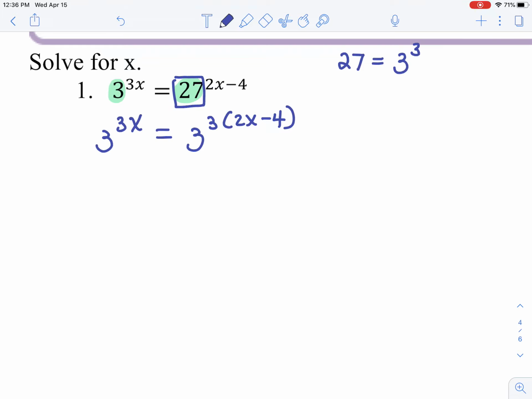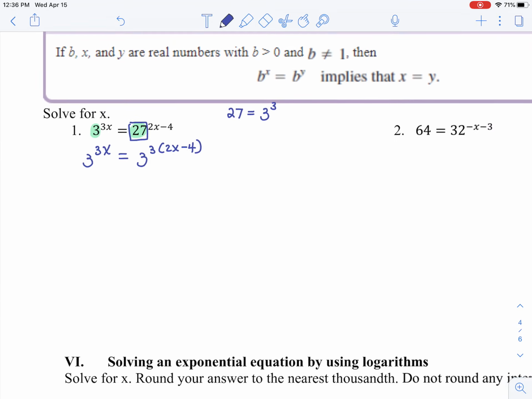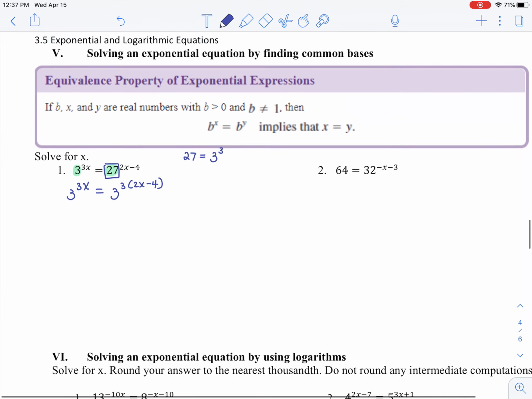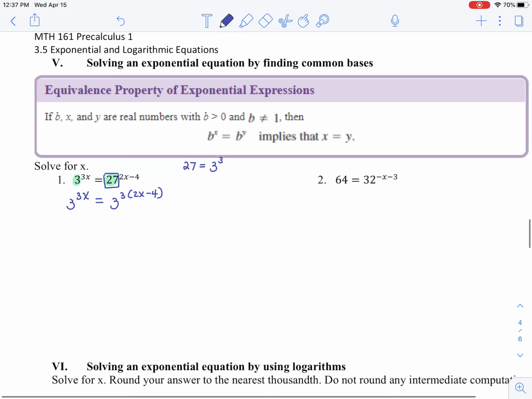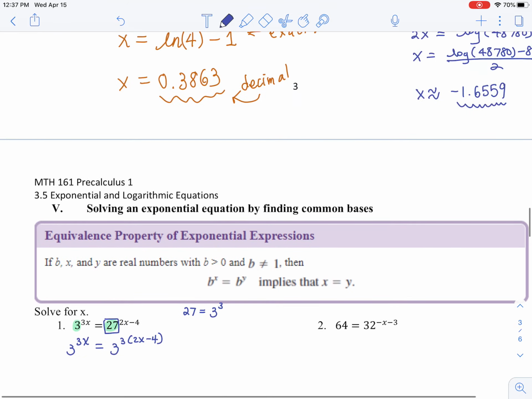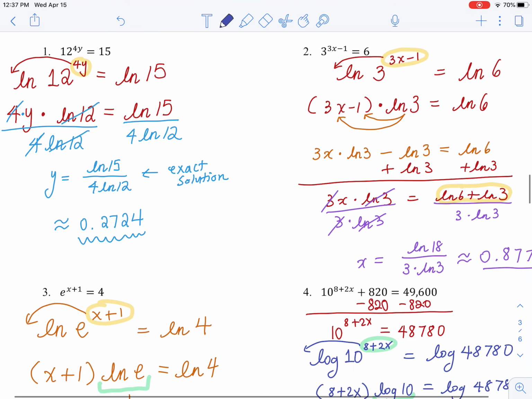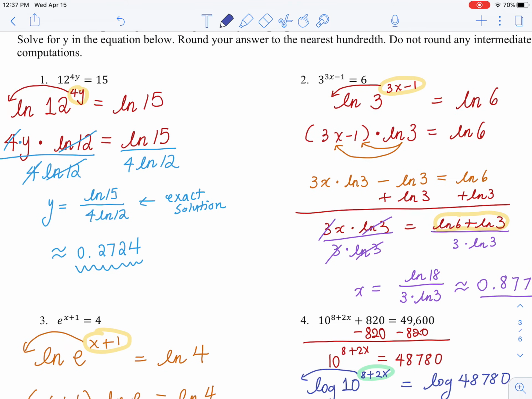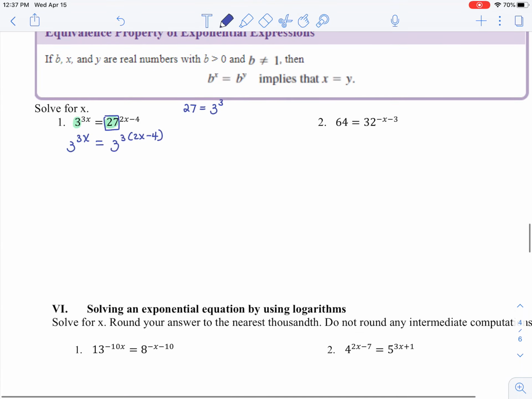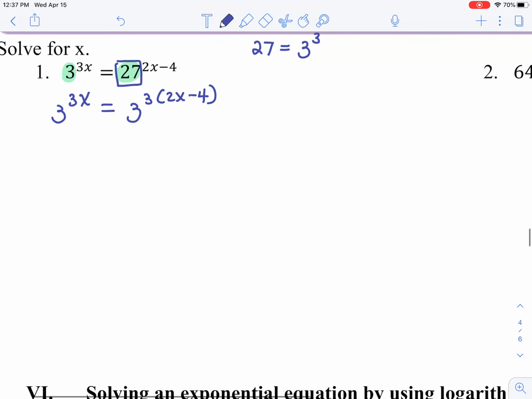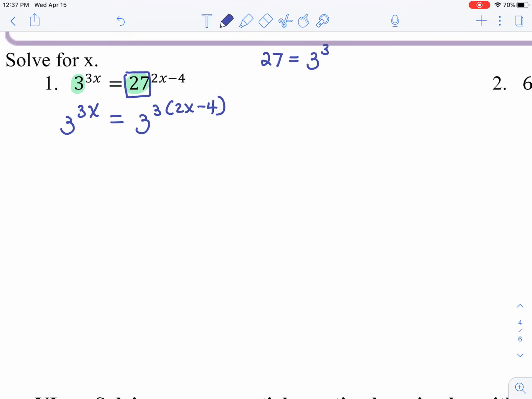So you notice, will we get the wrong answer if we take natural log of both sides? No, definitely not. But sometimes you can rewrite the base so that you can write the common base to solve it this way. But that probably wouldn't work on, yeah, like 12 and 15, there's no common base. 3 and 6, there's no common base.